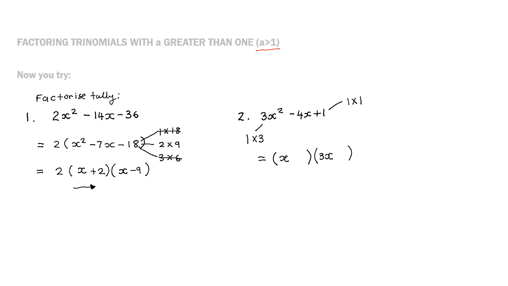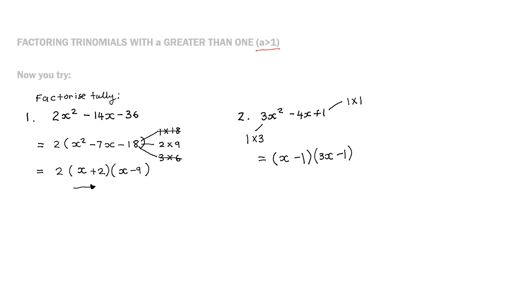So now you can check. 1x times 1 is 1x, and 3 times 1 is 3x. So you have an x and a 3x. But you need a minus 4x, which means that you need a minus x and a minus 3x to give you this minus 4x. So this x needs to be multiplied by a negative 1, and this 3x needs to be multiplied by a negative 1.